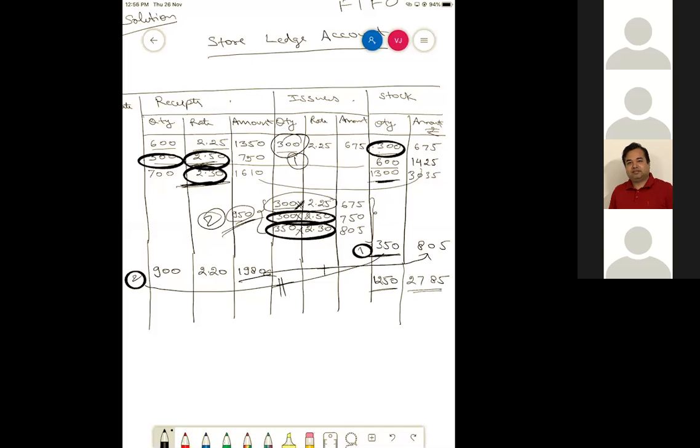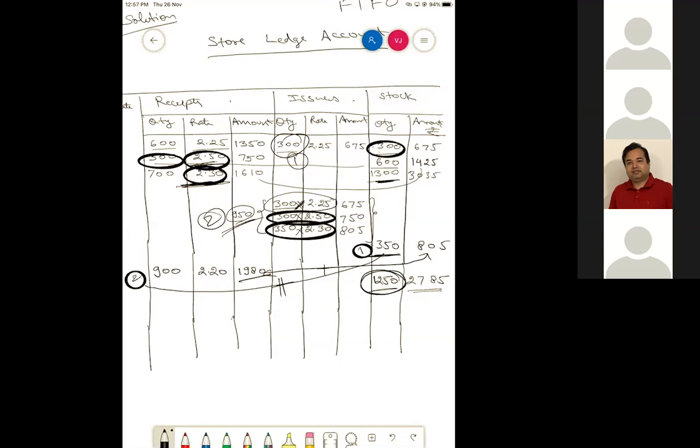Now we are going to issue 400 units. So how are we going to do that? In this 1250 units, the quantity that we are left with, 350. Yes, very good.